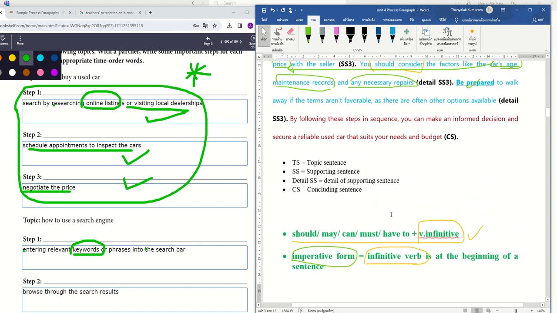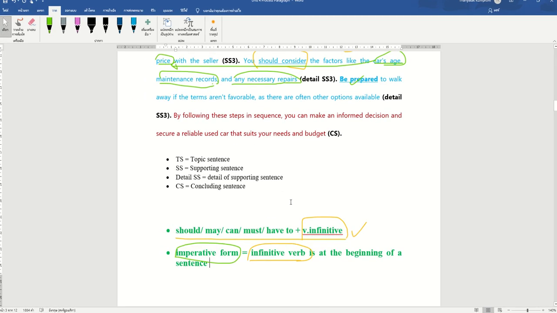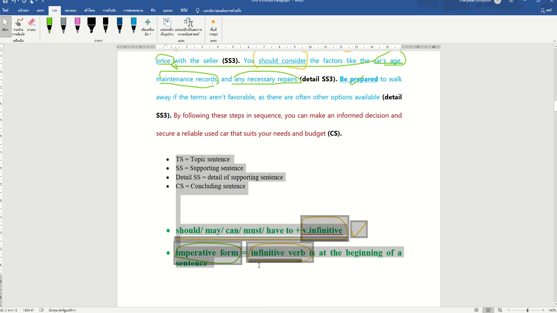So when you design your paragraph, you need to include these: TS, SS, detail SS, and CS, and also this one. Include these elements in your paragraph. All right, okay.